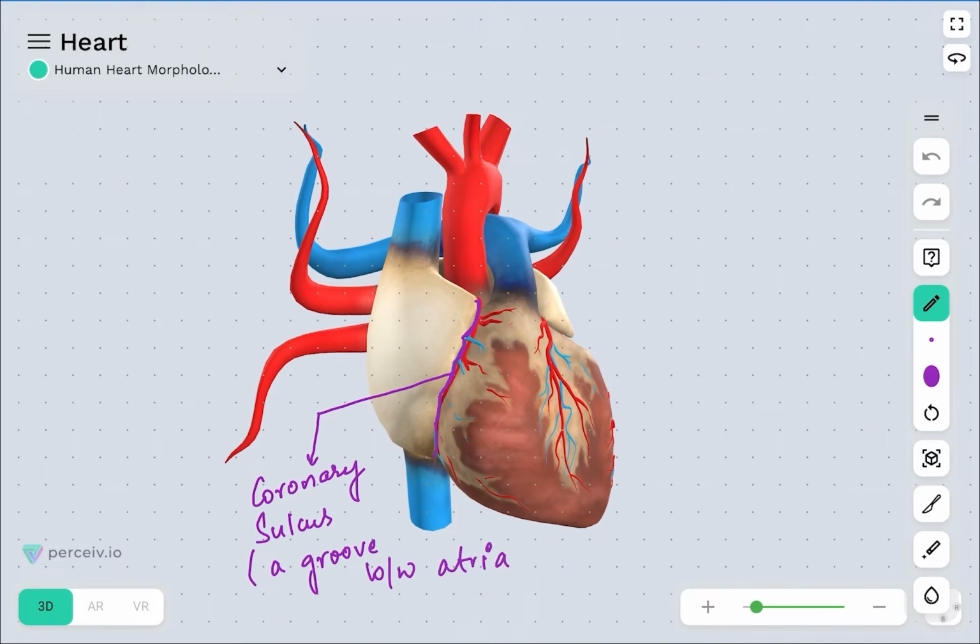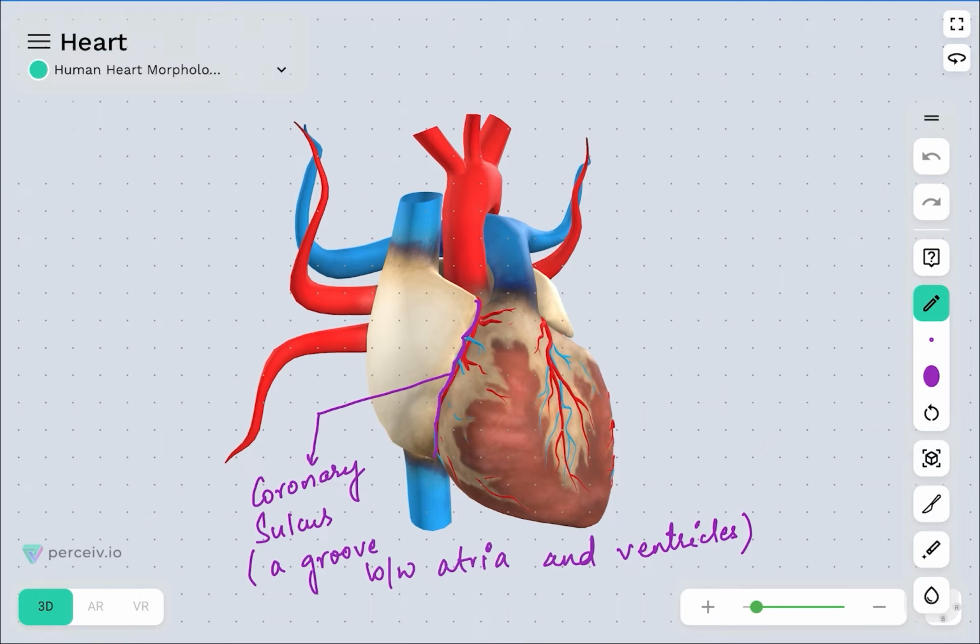That means right atrium, right ventricle, and left atrium and then left ventricle. So these are present in both the cases. All right. Now, this coronary sulcus or groove is more towards the atrium as compared to the ventricle. So that's why the atria are smaller than the ventricles.